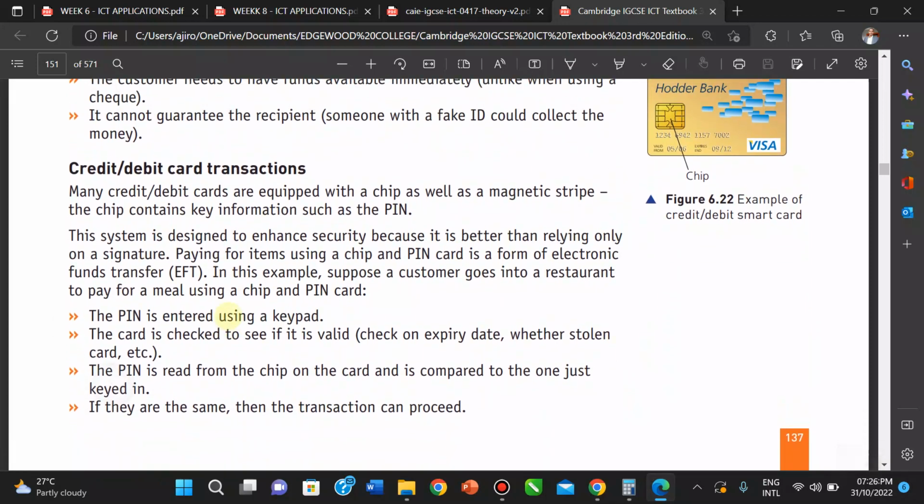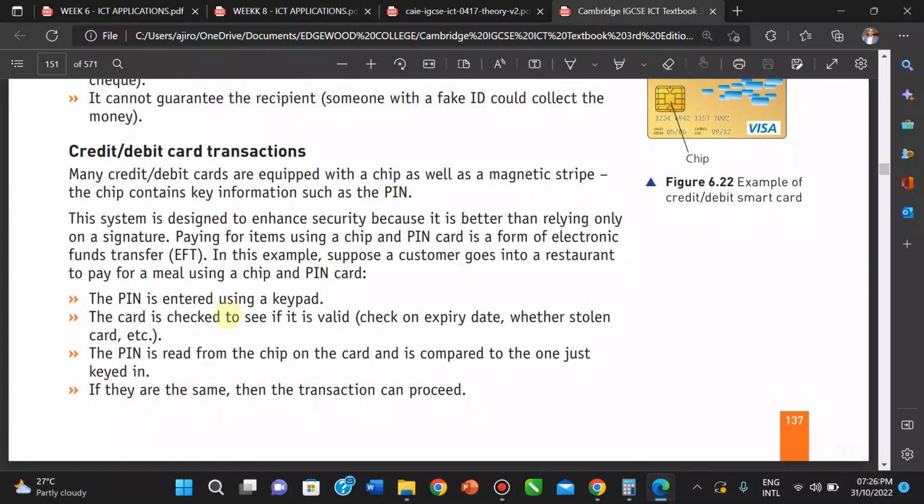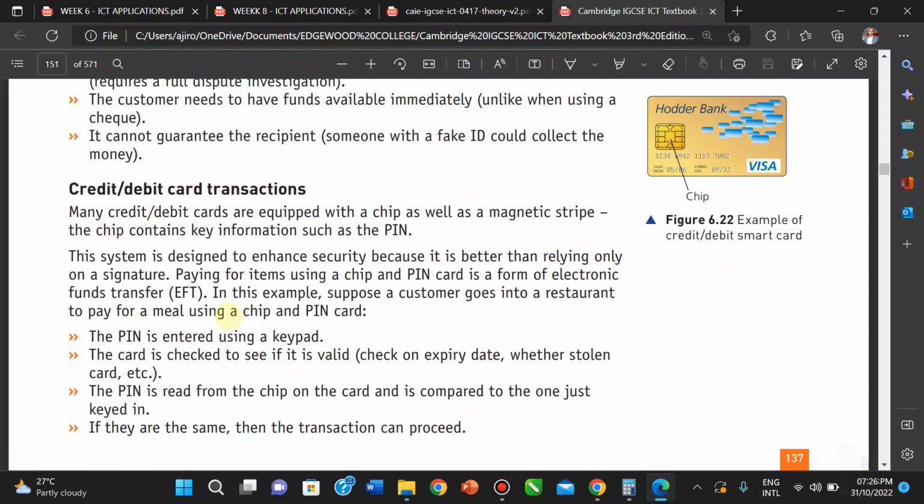The next one is the credit and debit card transactions. The first thing you realize is every debit or credit card has a chip, which I explained to you guys in class, and they have a magnetic stripe. Now, the chip contains key information such as the PIN.